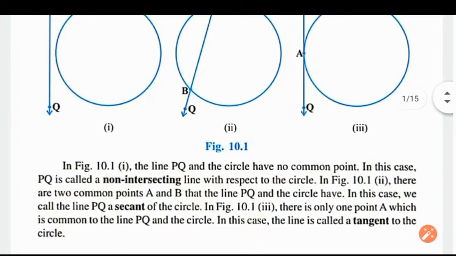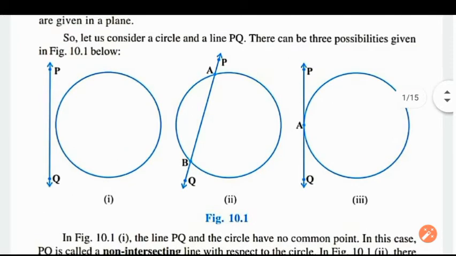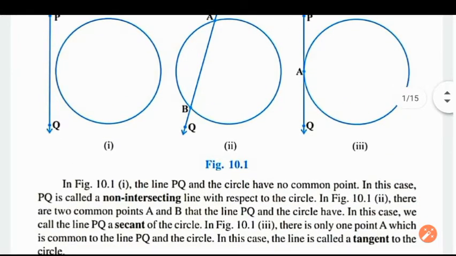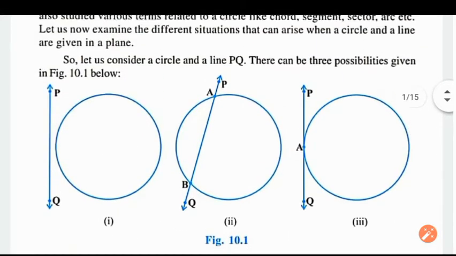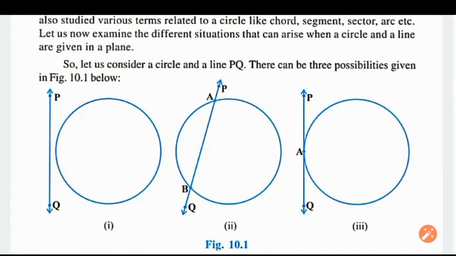So what we have understood with this figure? In figure 1 we say PQ is a non-intersecting line with respect to the circle, because that line is not intersecting the circle. In the second figure, the line PQ is intersecting the circle at two distinct points, right?